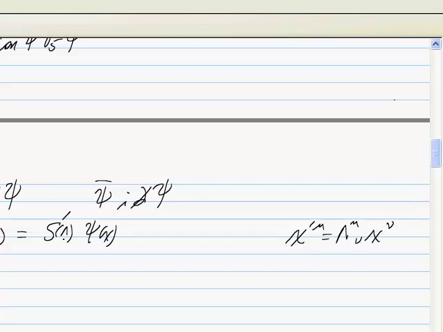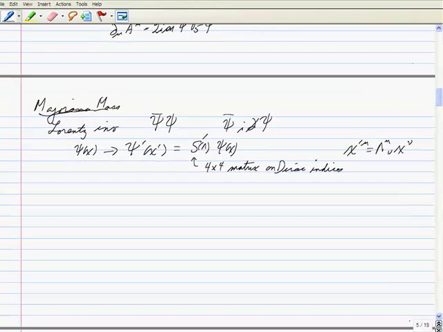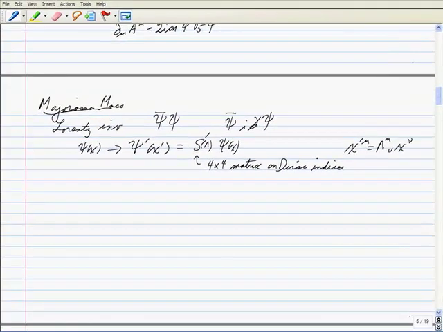This is now a 4x4 matrix acting on the Dirac indices, so the Dirac indices get rearranged. And you know that has to happen just because we know the solutions. As I boost this thing, the relative size of the upper and lower components is going to change. P could be 0 in the rest frame and non-zero, so the lower component gets generated as you boost it. So you want that.